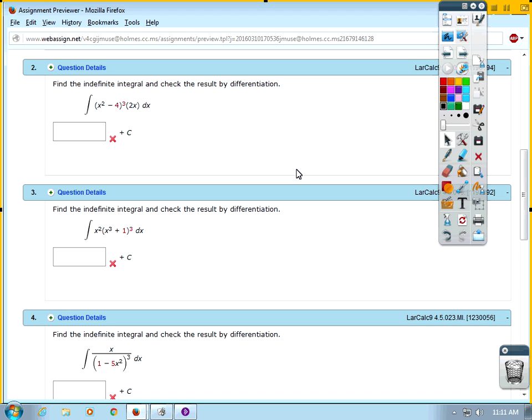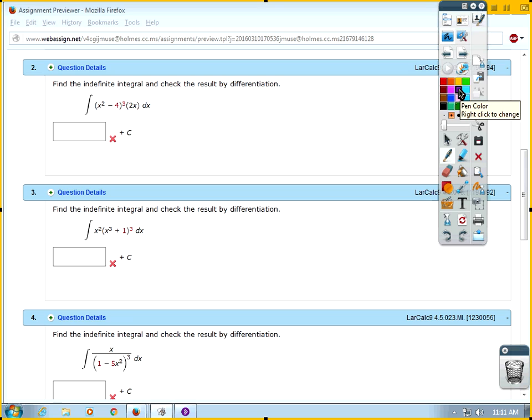So number 2, we have the integral of (x squared minus 4) cubed times 2x dx. We need to let u equal our inside function, which is x squared minus 4. du would be 2x dx. And just like the last problem, we have the exact du.